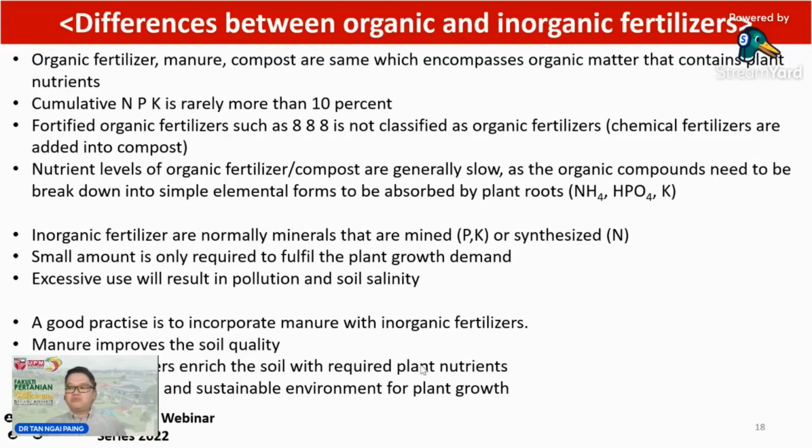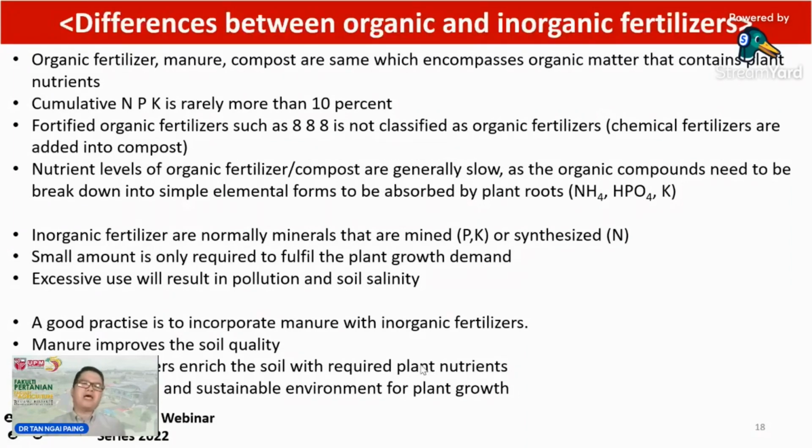So the inorganic fertilizers are normally minerals that are mined, potassium and also phosphorus in particular, or synthesized, like I mentioned to you, the synthesis of ammonia and urea. And also the difference with inorganic fertilizer is that normally you need only a small amount to make plants grow.